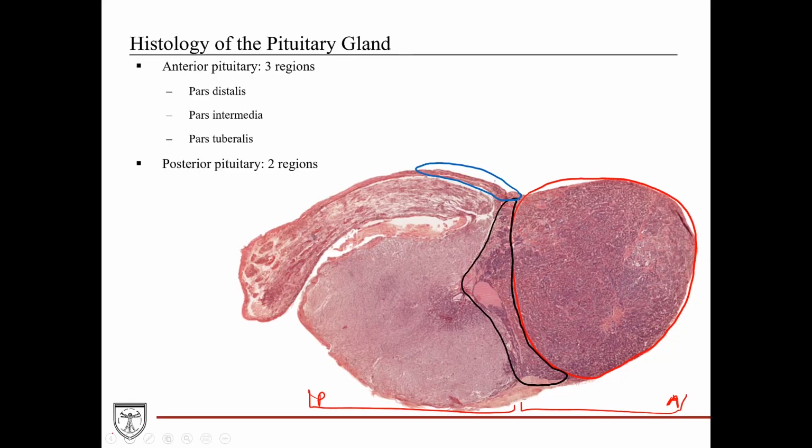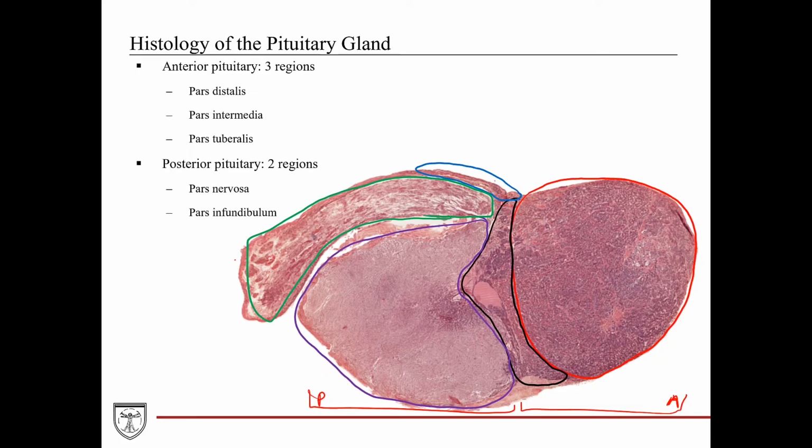The posterior pituitary is subdivided into 2 regions. The pars nervosa refers to the entirety of the posterior pituitary lobe, and the pars infundibulum refers to the infundibulum, this neural stalk, also known as the hypothalamic hypophyseal tract.